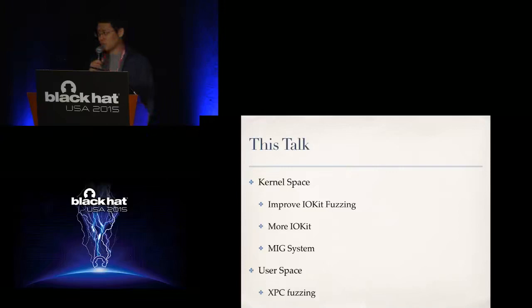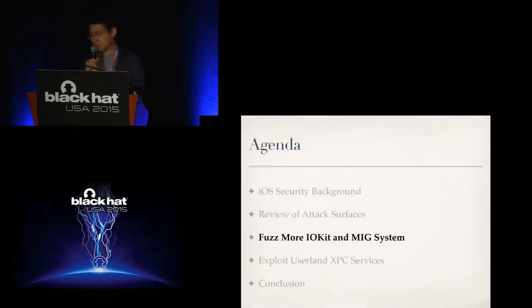And for user space, we will focus on XPC fuzzing, and we will introduce the work we did. That is somewhat different from the work from Google Project Zero. As we know, they also released some bugs for the user land space. Okay, so let's go to the first part, the kernel part.